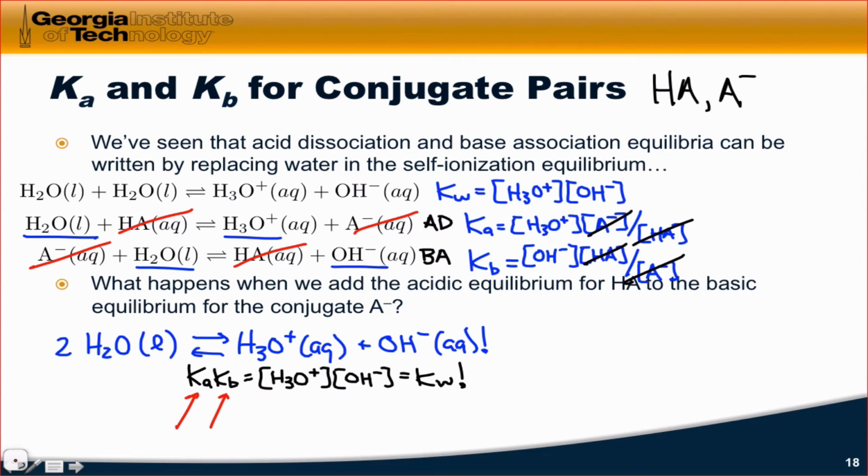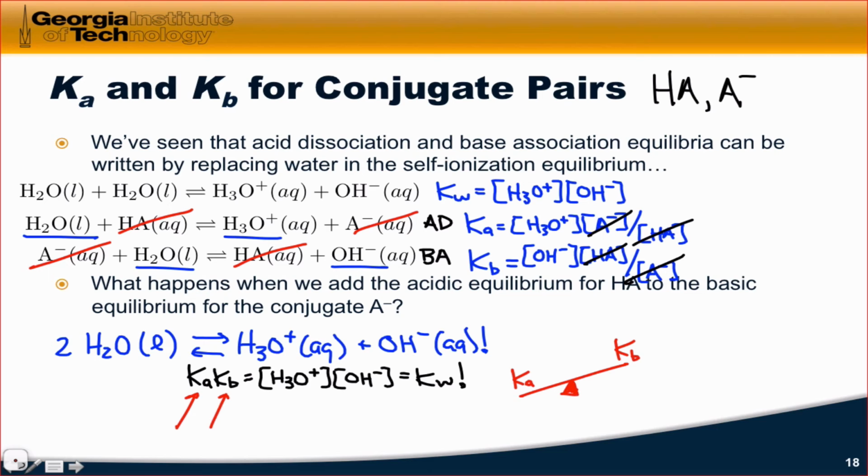Notice that Ka and Kb are acting like the concentrations of hydronium and hydroxide on the seesaw that we saw before. What this little derivation is telling us is just the same thing we saw for hydronium and hydroxide. When Ka is large, when the acid HA is a strong acid, then Kb for the conjugate base must be small.